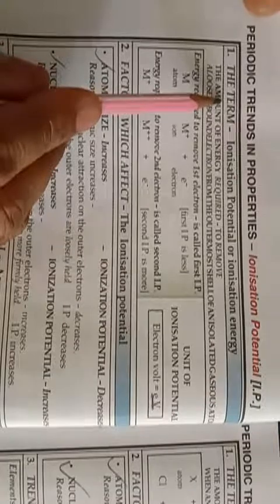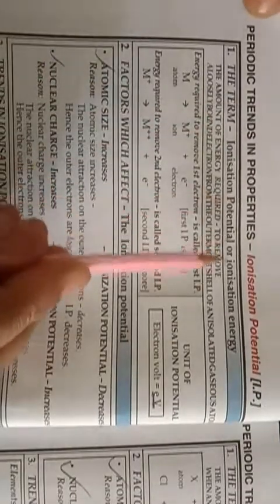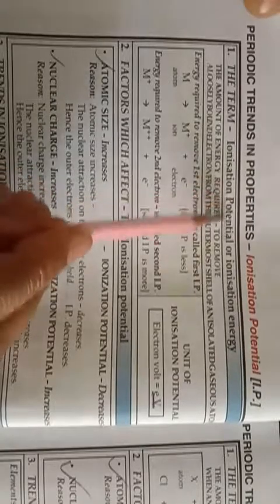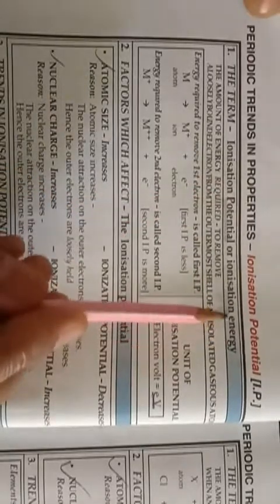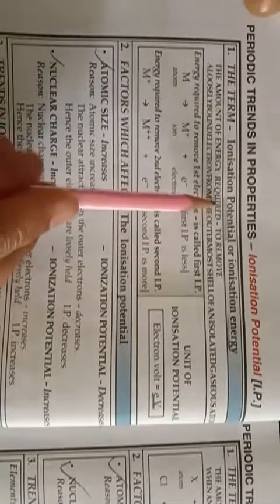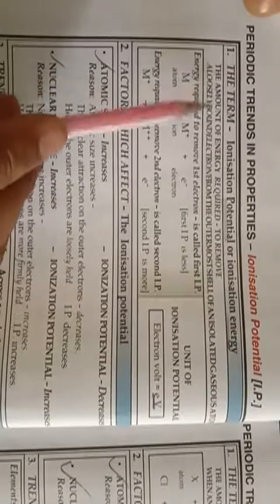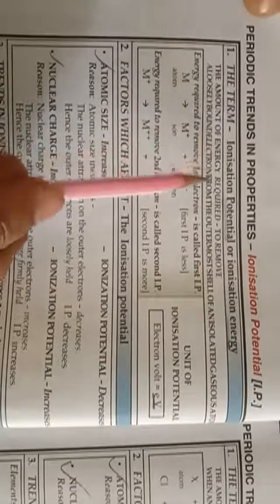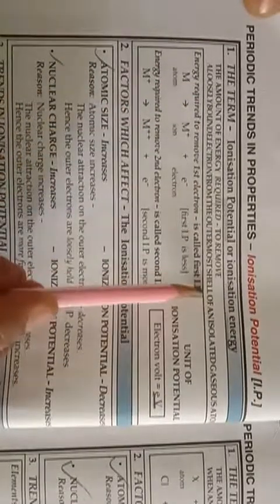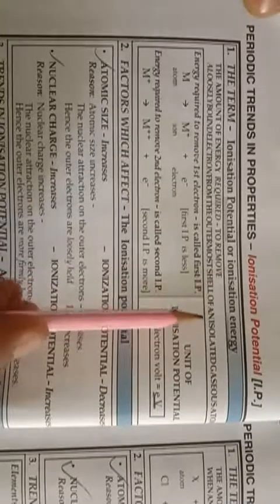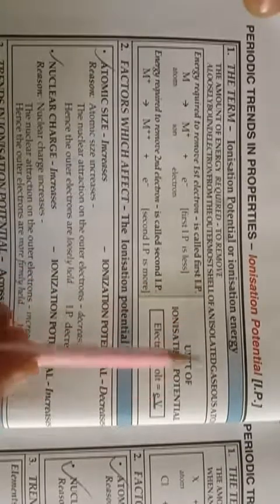So the term ionization potential, or ionization energy. Ionization potential is also known as ionization energy. It is the amount of energy required to remove a loosely bound electron from the outermost shell of an isolated gaseous atom.